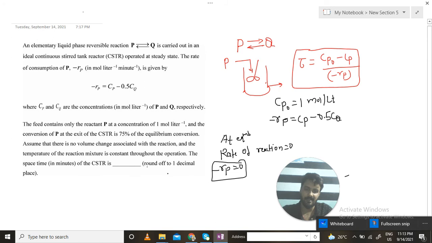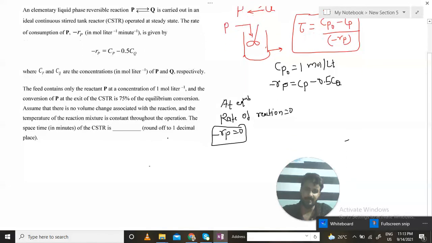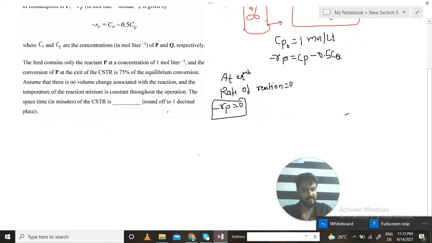Now try to understand one thing here. At equilibrium, if the rate of reaction is equal to 0, then what will happen? Here, Cp, the equilibrium concentration of reactant P, minus 0.5 Cq, the equilibrium concentration of product Q, will be equal to 0.